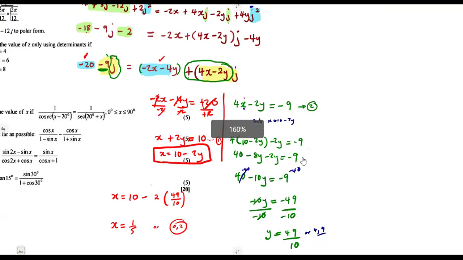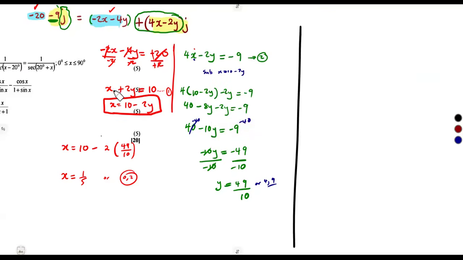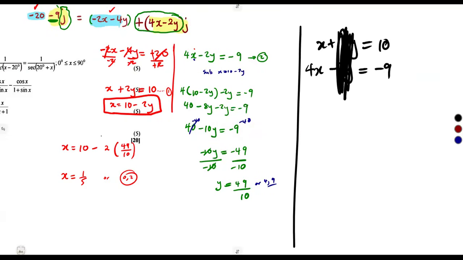was easier to apply because we can see that this part of x is the part of y there is the same. X plus 2y is equal to 10. Remember, x plus 2y is equal to 10. This is 4x minus 2y is equal to minus 9. So already the part of y there is the same.